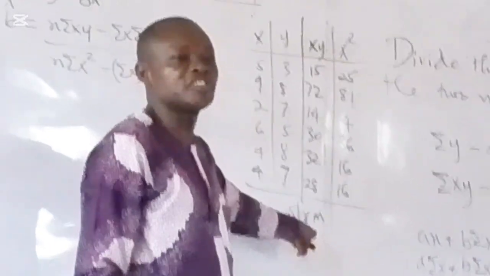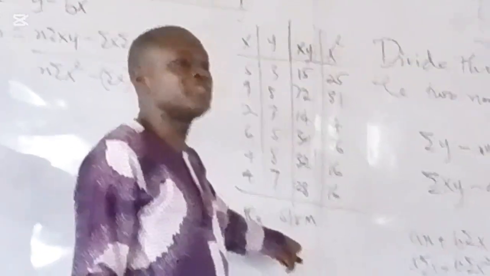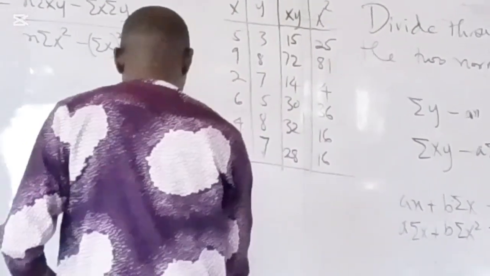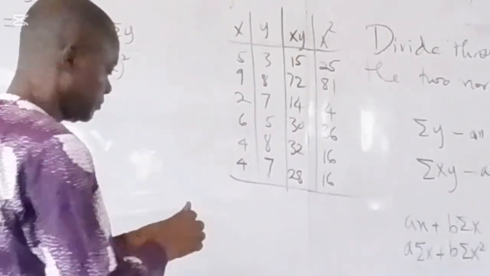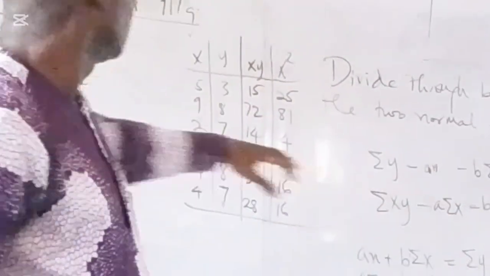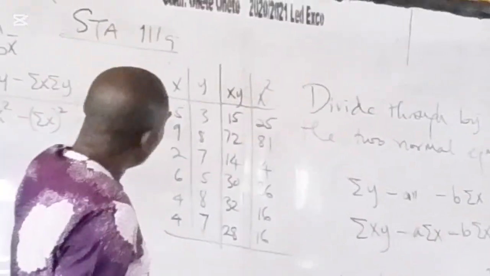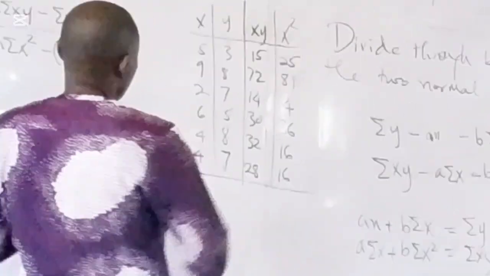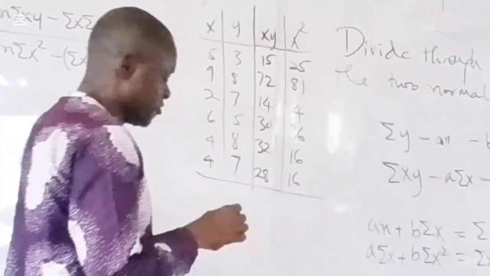Now, it means we need to find the totals. Remember what they want is to fit the simple linear regression. SLR means simple linear regression model. So we are going to fit the simple linear regression model. We'll add everything here. If you add this to this to this to this, it will give you something like what?